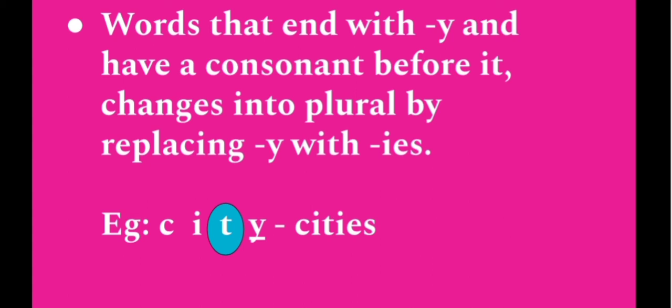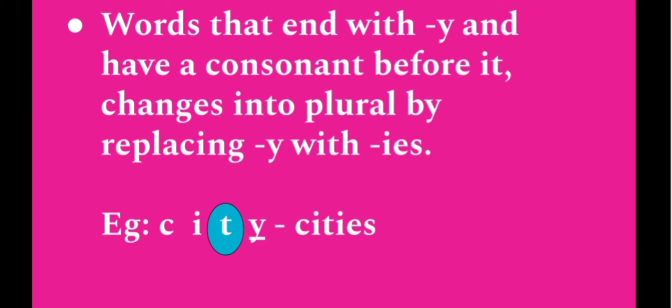I hope you understood. You have to just look at the letter that comes before Y, and if it's a consonant, you have to replace Y with IES, like city, the plural is cities.